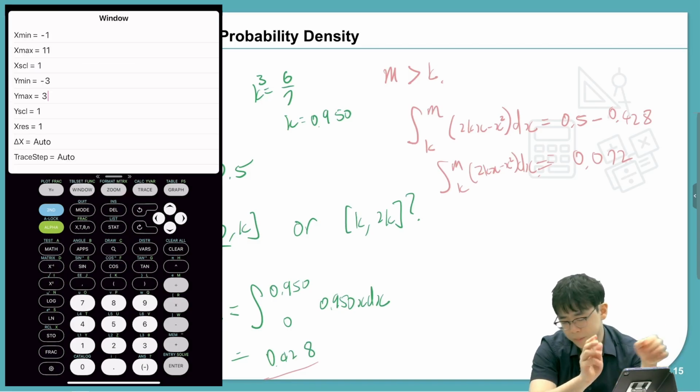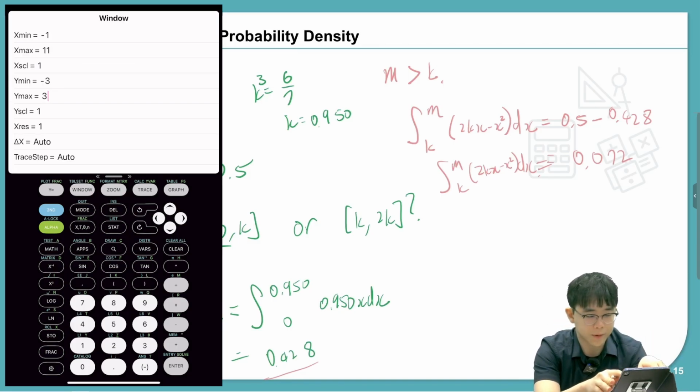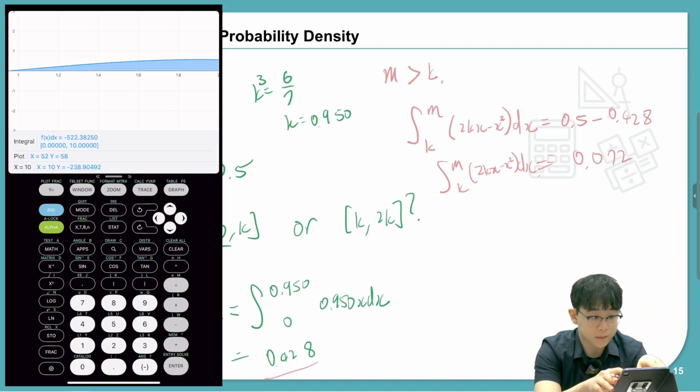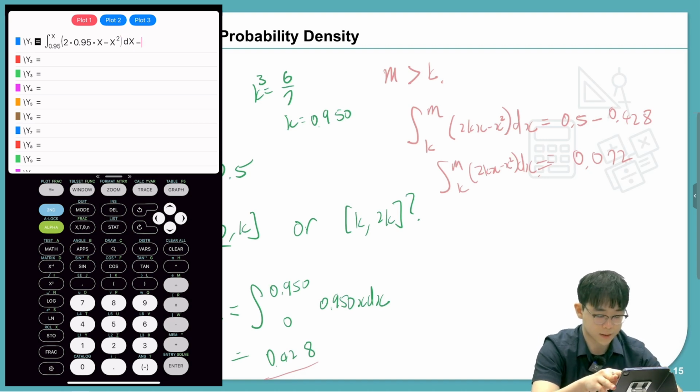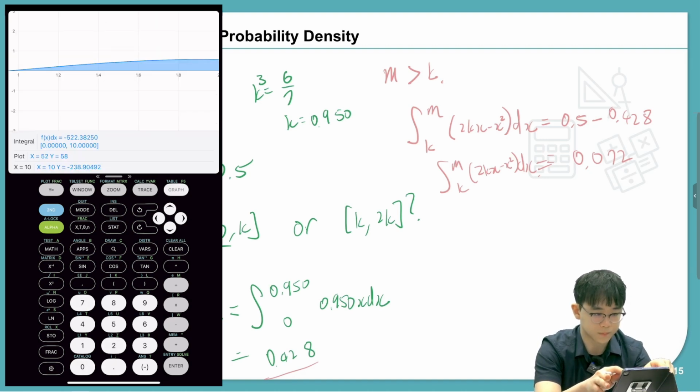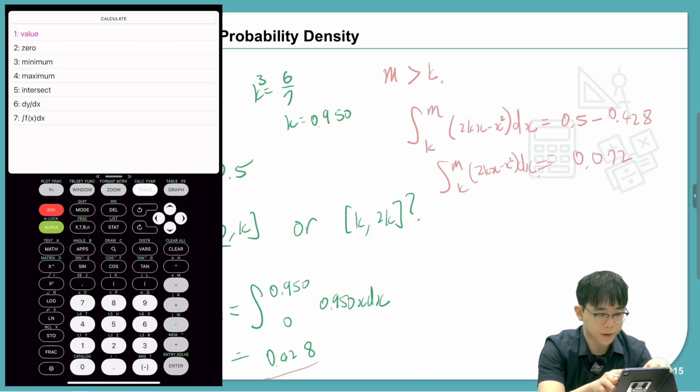Oh, and k would be slightly over 0.95, but hopefully not too much greater. So to find out when this is equal to 0.072, we may as well just subtract 0.072 and look for the 0 there.